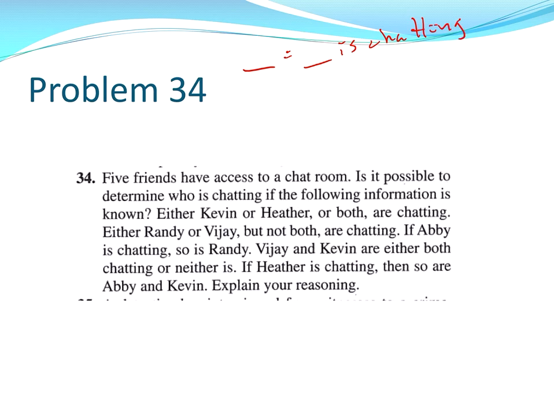And we have how many atomic propositional variables? We have 5 of them. K for Kevin, H for Heather, R for Randy, V for VJ, and A for Abby. So if K is true, that means Kevin is chatting. If H is false, that means Heather is not chatting, and so forth.